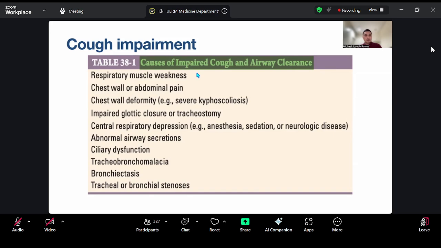Other causes may involve the central nervous system or the peripheral nervous system, specifically those with massive cerebrovascular infarcts with massive cerebral edema causing high intracranial pressures, or patients with Guillain-Barré syndrome or myasthenia gravis. There may also be an abnormality in airway secretions, ciliary dysfunction, or structural abnormalities in the airways that can also lead to cough inefficiency.